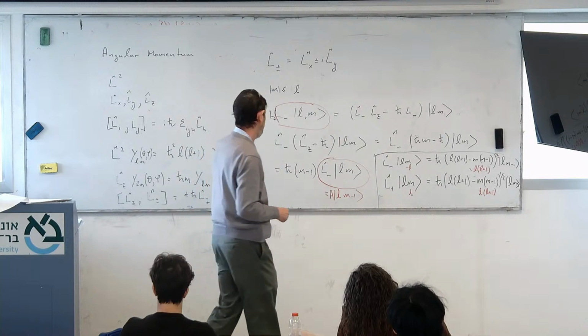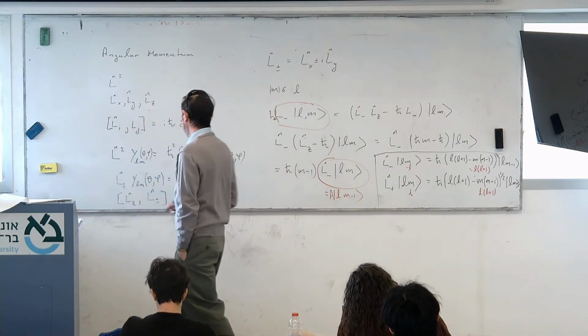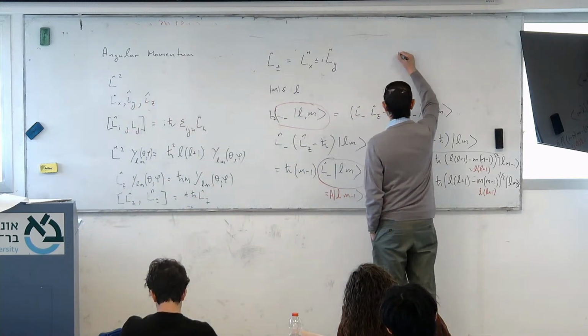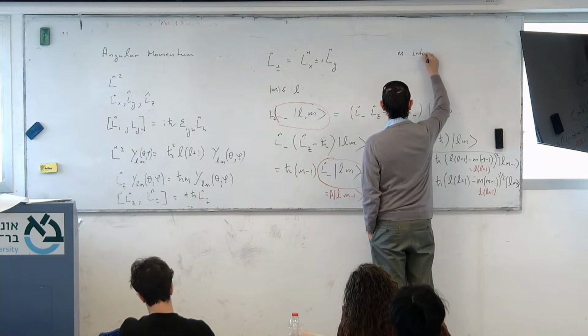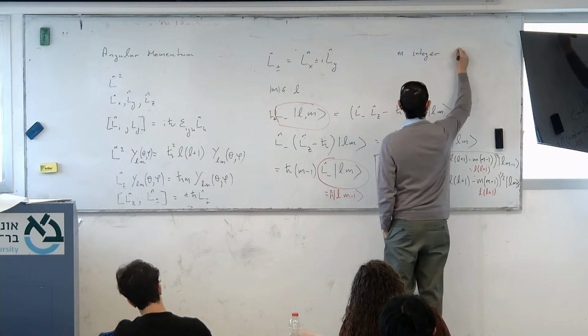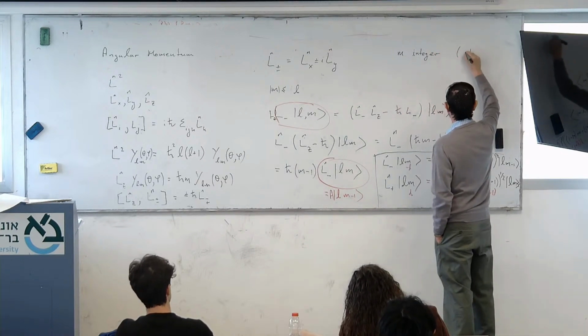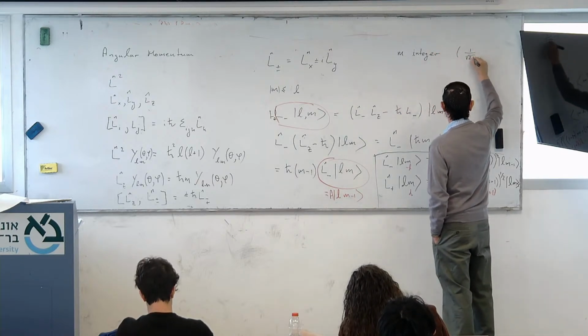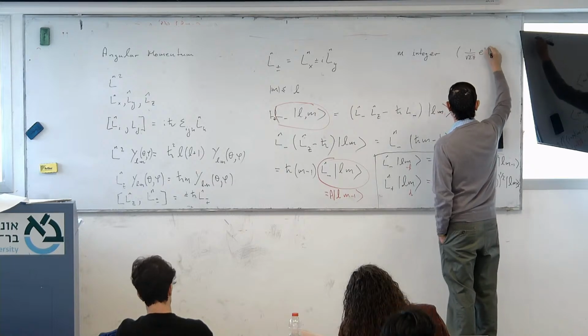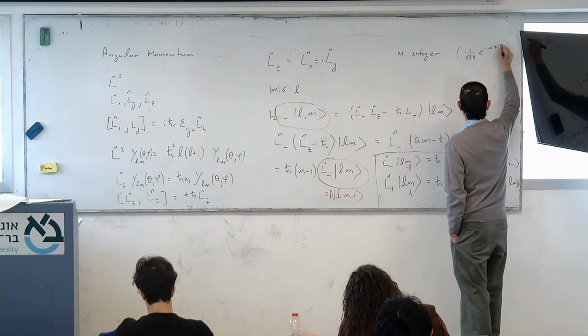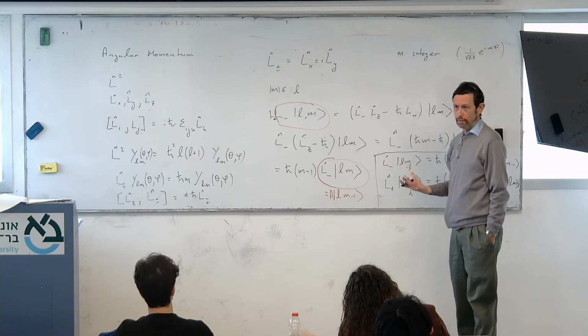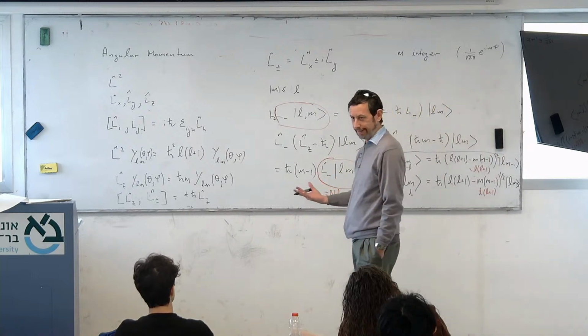So m is an integer because the eigenfunction is 1 over 2 pi e to the i m phi, and it must be periodic in phi to phi plus 2 pi.